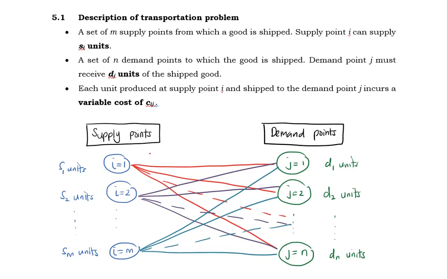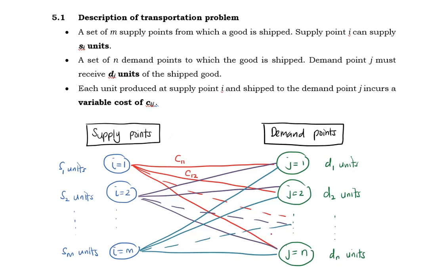In this figure, we can see that the cost to deliver goods from supply point 1 to the first demand point is c11, where c represents cost. c12 is the cost to deliver goods from the first supply point to the second demand point.